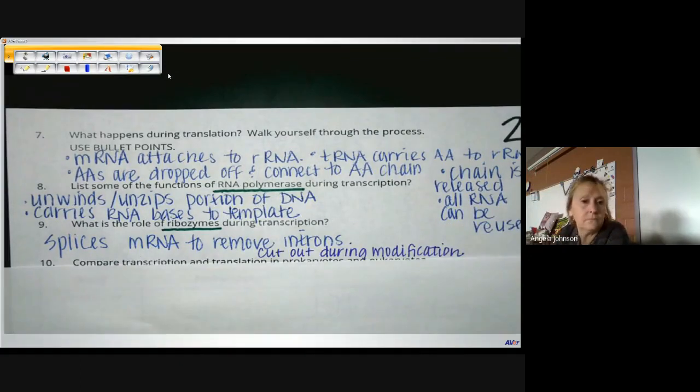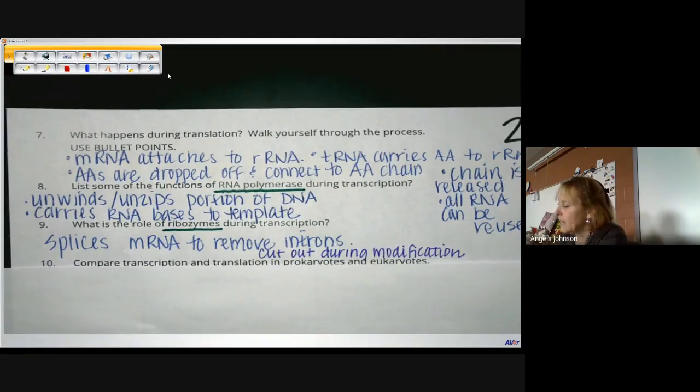They're kind of like scissors. They're going to come in there and slice it, and then that way the mRNA can come back together. So they're cutting out pieces and pulling it back together, cutting out, putting back together.